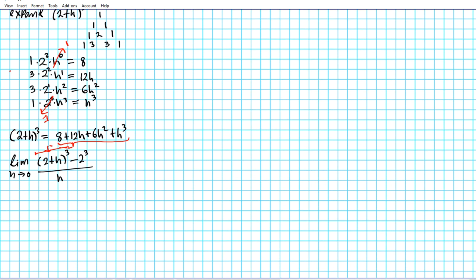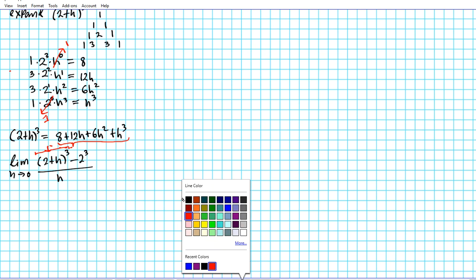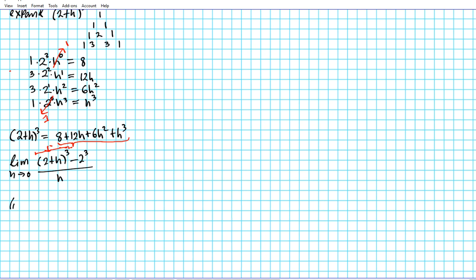So the limit is now going to become the limit as h approaches 0 of 8 plus 12h plus 6h squared plus h to the third. So we have replaced 2 plus h to the third, and then we have minus 2 to the third, which is just 8, and then we divide that by h.